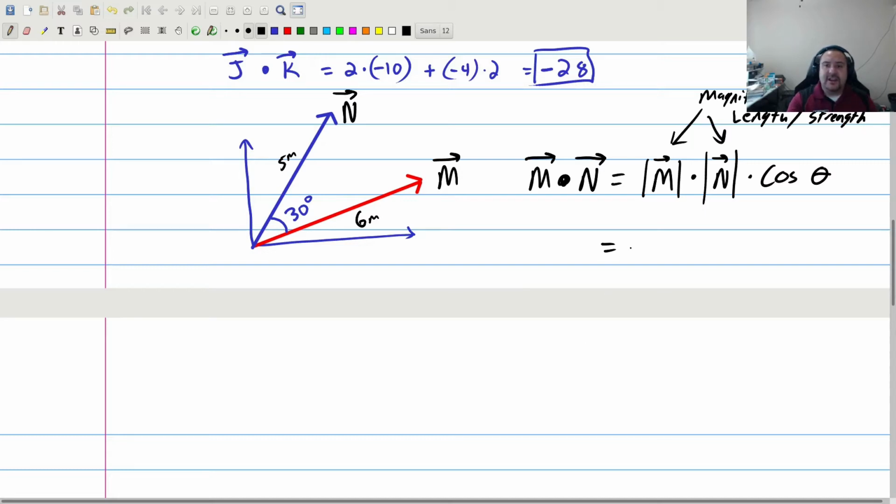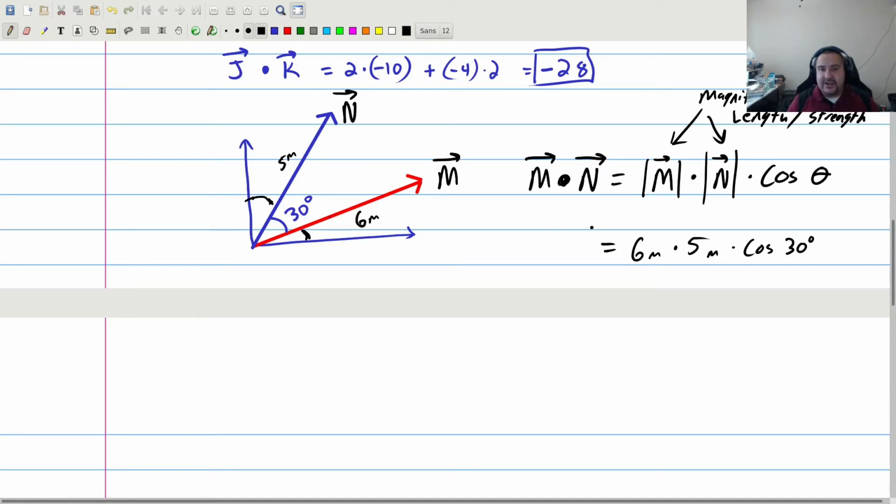So in this case, it's going to be M is 6 meters times N is 5 meters times the cosine of the angle between them. Oh, and that happens to be 30 degrees. Remember, the angle between them, don't do this angle down here, don't do this angle up here. It has to be the angle between the two vectors.